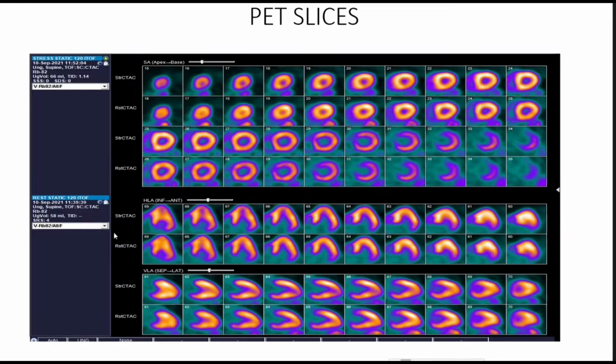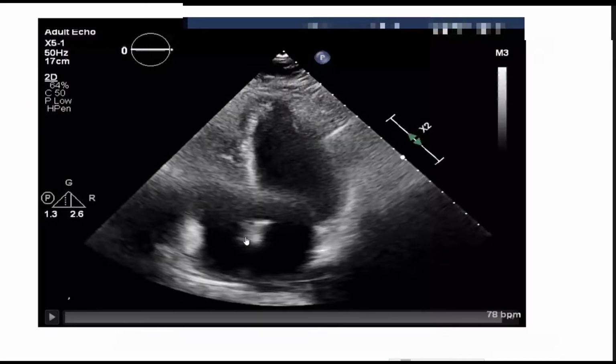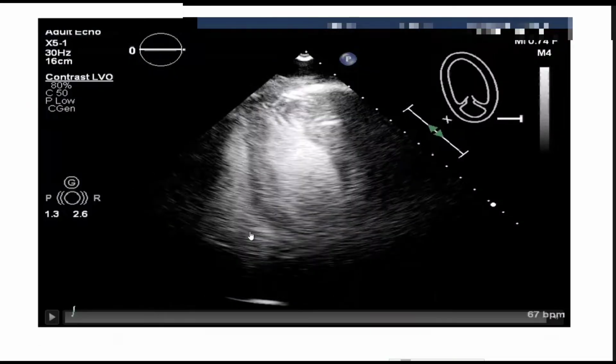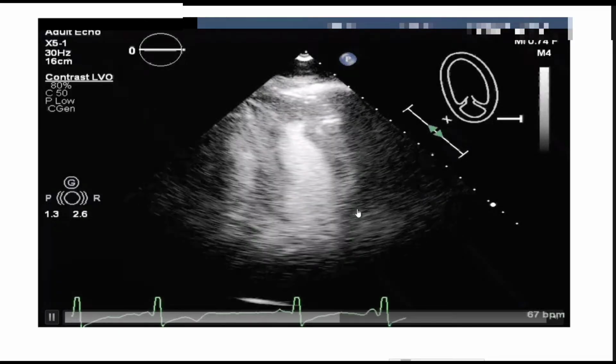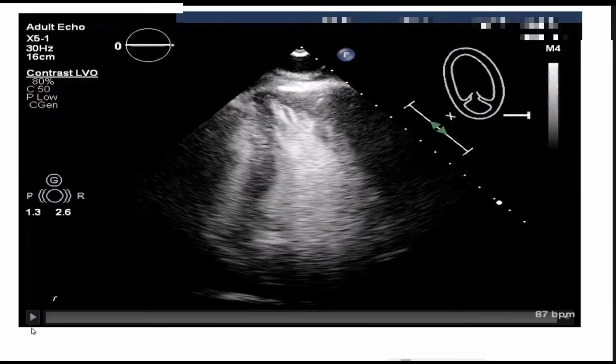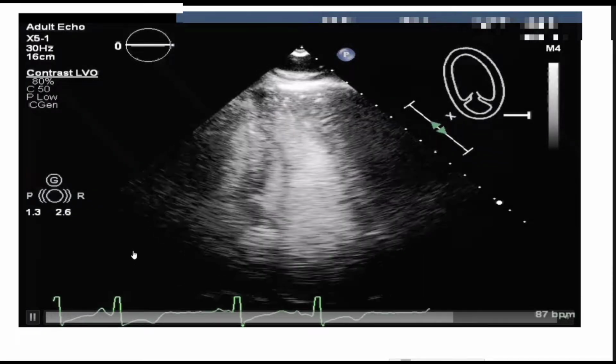If we look again, this would be your equivalent to a 4-chamber view. And we clearly have that ace of spades looking ventricle, which then corresponds to what we're seeing here in 2-chamber, which is again your ace of spades appearing ventricle.